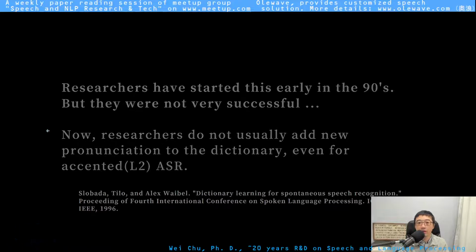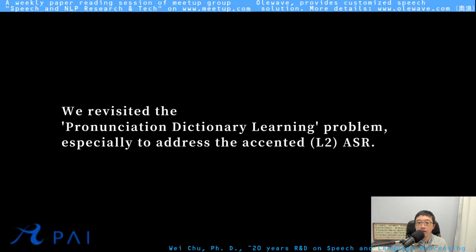And then I looked into this pronunciation dictionary learning problem and tried to address this accented ASR, because in my mind, it does not make sense to still use the orthodox pronunciation dictionary in the training of the accented ASR, because you can see me. Okay, I have an accent, and for lots of words, when I speak the word, I don't speak in the orthodox way.